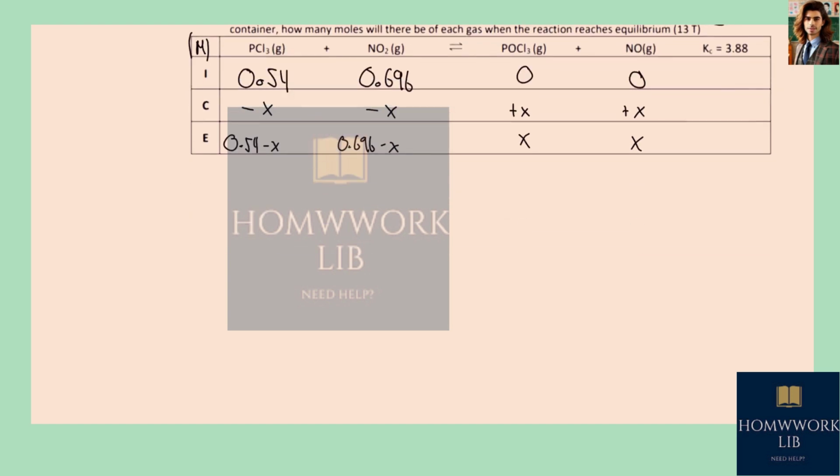Now, with this information, we can write down the value for Kc, which is equal to the equilibrium concentrations of each of the compounds. The reaction is already balanced, so we don't need to worry about anything else, just plugging in the values.